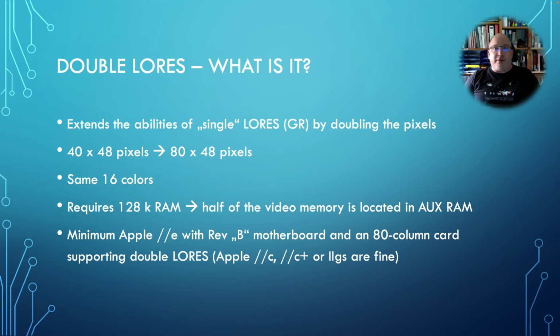But this graphic mode requires 128K of RAM, and half of the video memory which is used for displaying double low-res graphics is located in auxiliary RAM, aux RAM.